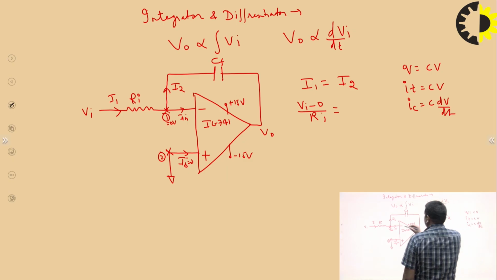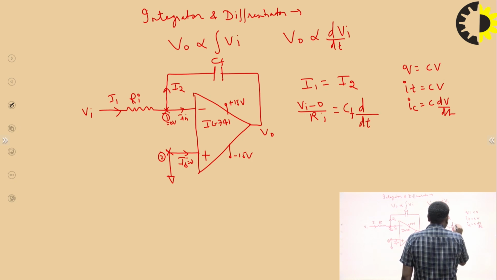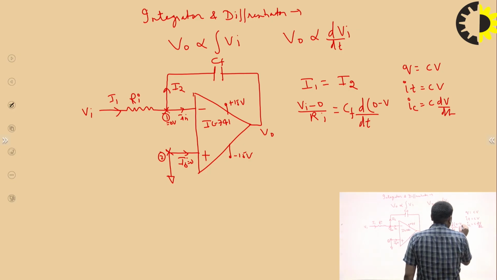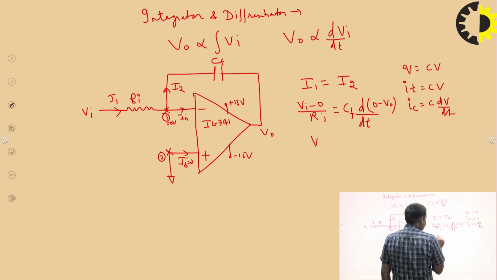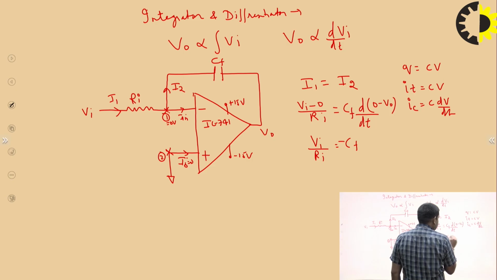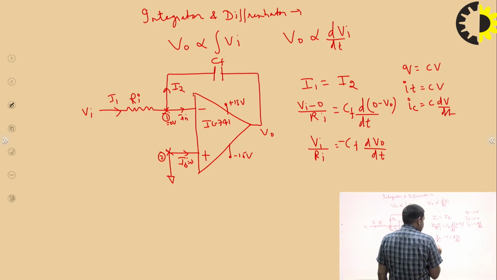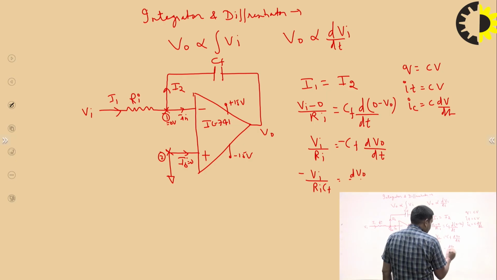So I2 in the feedback path is equal to CF d by dt of the potential difference, 0 minus V0. So Vi upon Ri is equal to minus CF dV0 by dt.